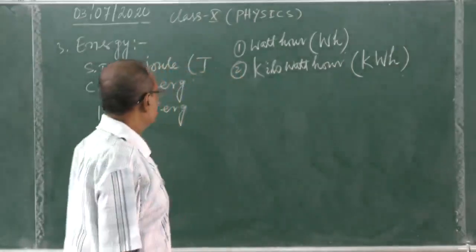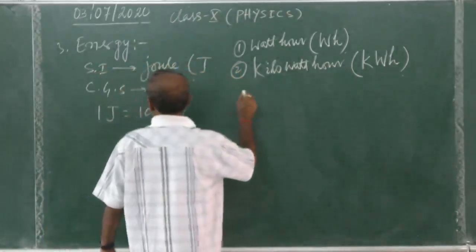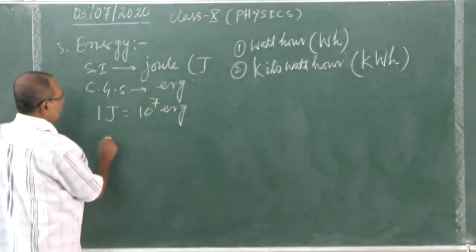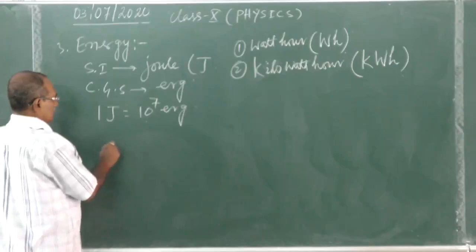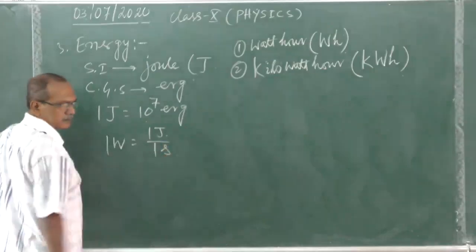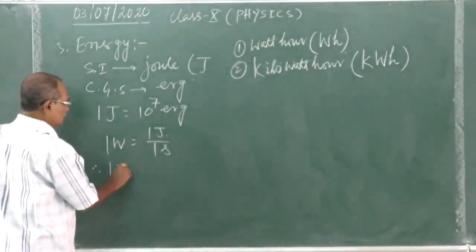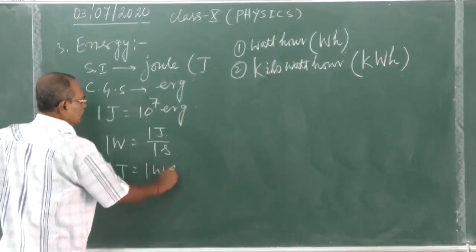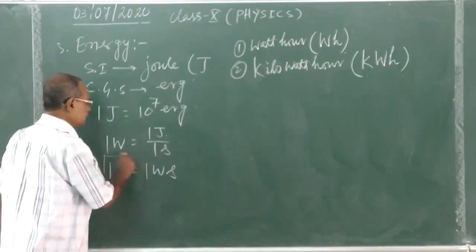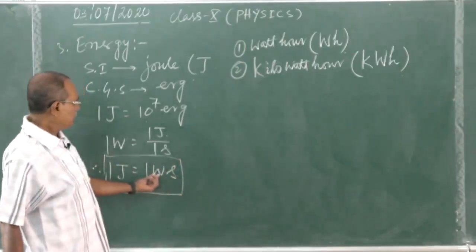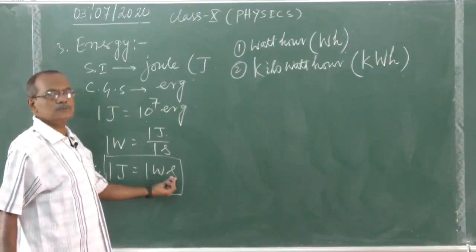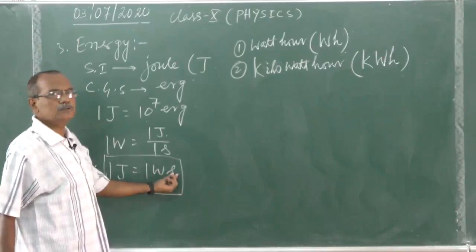Now, 1 watt hour is equal to, as we know, 1 watt is equal to 1 joule by 1 second. So therefore 1 joule is equal to 1 watt second. Keep this in mind: energy is equal to power into time, or work done is equal to power into time.